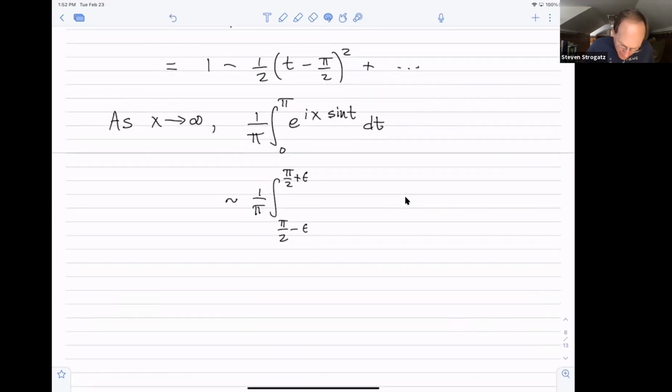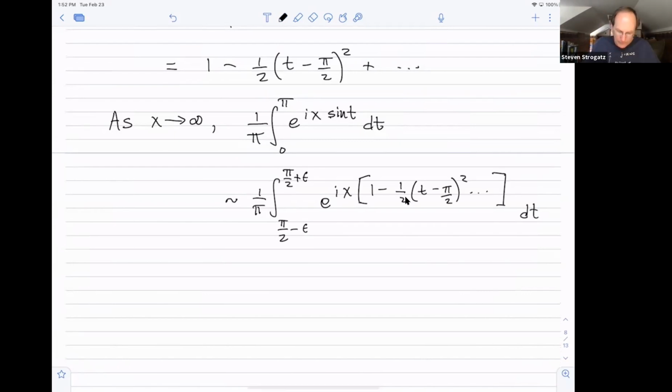This will be asymptotic to e to the i x times 1 minus 1/2 (t minus pi over 2) squared, dot, dot, dot if you want, but we're not going to use those, dt. So I just have this kind of contribution coming from that one point.